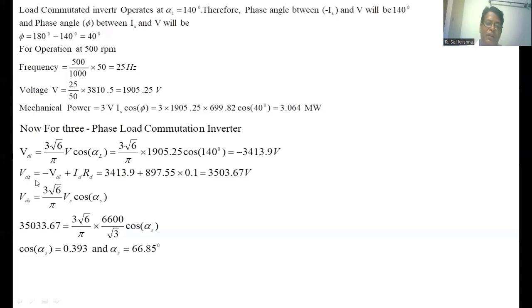Now VDS equals minus VDL plus ID into RD, which gives 3503.67 volts. This voltage equals 3 root 6 by pi Vs cos alpha S, because the source side converter will be operating as a rectifier. Substitute all the values and find cos alpha S. You get 66.85 degrees.